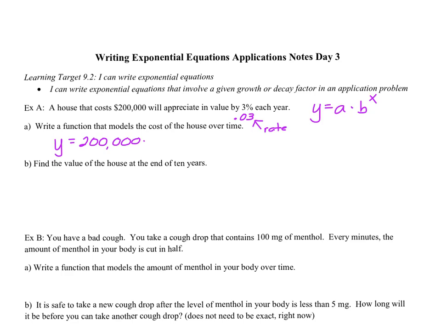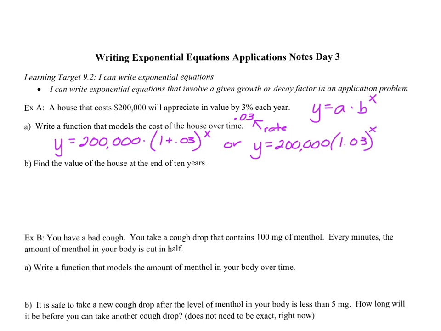So we can write it one of two ways. You can leave it separate and do 1 plus 0.03 to the x, or you can do that adding, and so you do 1.03 to the x.